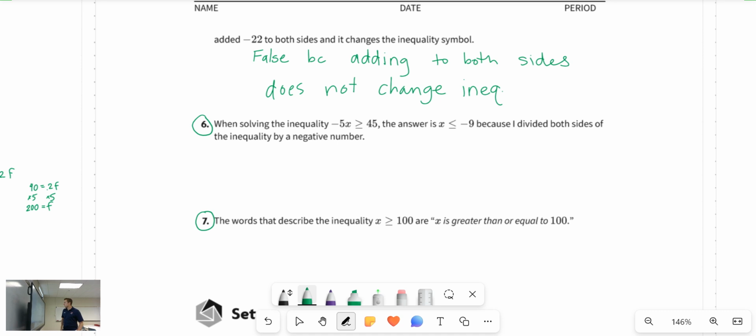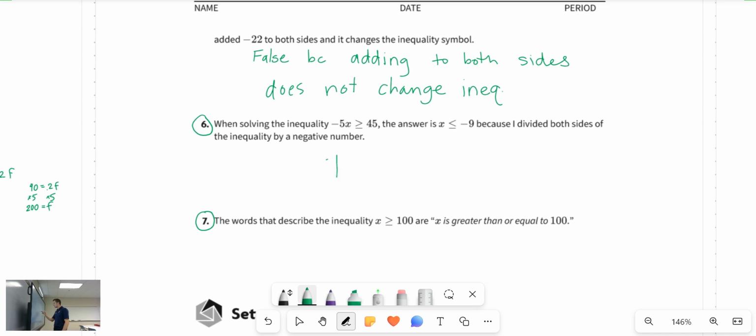6. When solving the inequality -5x is greater than or equal to 45, the answer is x is less than or equal to -9 because I divided both sides of the inequality by a negative number. This is correct, right? So on number 5, we flipped it thinking, oh, we're dealing with a negative number. If we add -22, we have to flip it. That was wrong. But if we are multiplying or dividing by a negative, we do have to flip it.